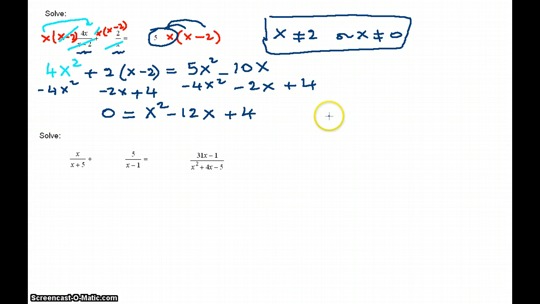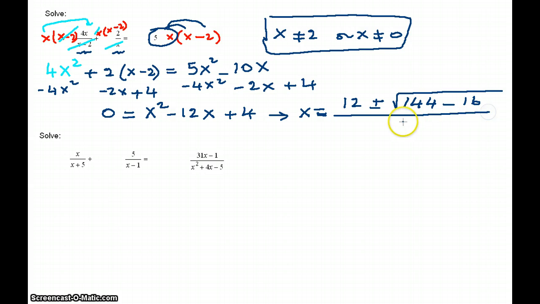Okay, so this would be my quadratic equation. I cannot factor this one. There is no pair of numbers that multiply to give me 4 and sum to negative 12. So let's go ahead and do the quadratic formula for this. This would be minus b, which would be plus 12, plus or minus the square root of b squared, which is 12 squared, 144, minus 4 times a times c, which is 4 times 4, and that's 16.